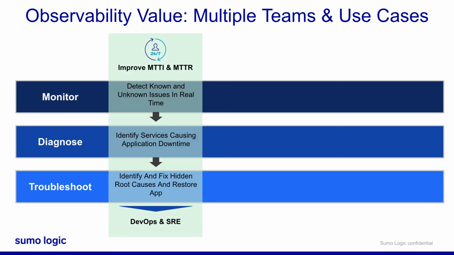Here are some personas and team groupings and how they can get value from observability. For example, the SREs or the DevOps people, those individuals responsible for monitoring the health of the application, need observability because it's going to help them quickly monitor, diagnose, and troubleshoot application health issues.